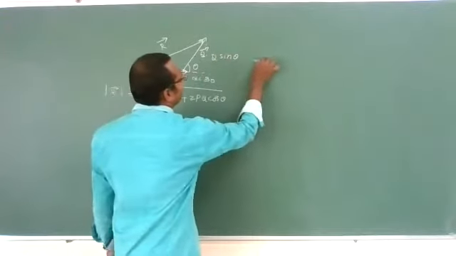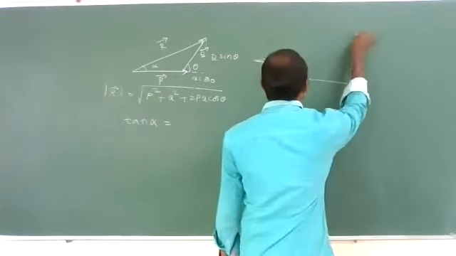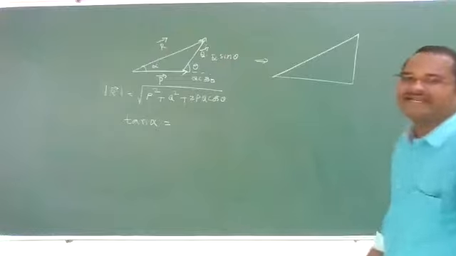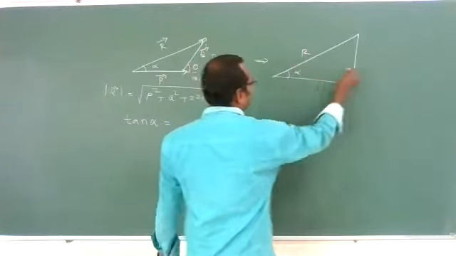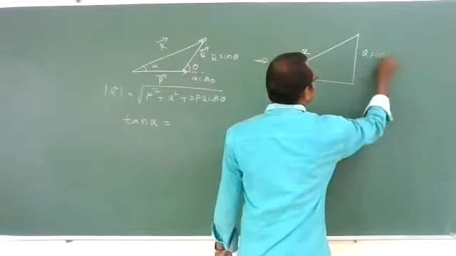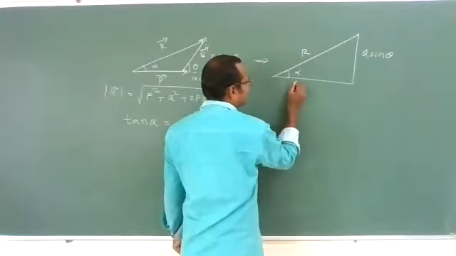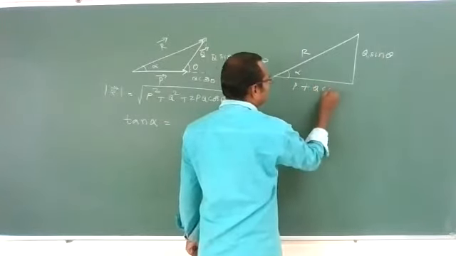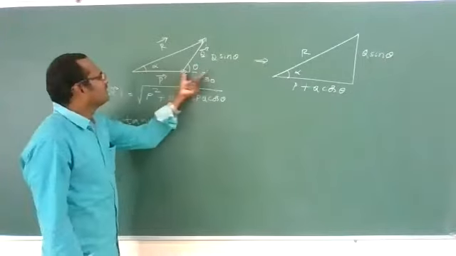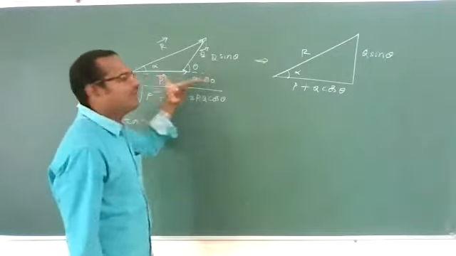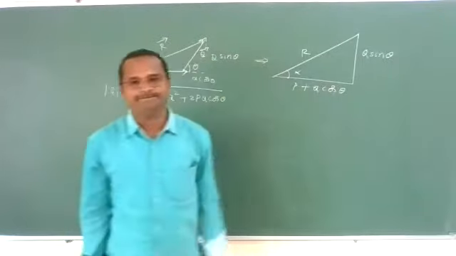Here we have a right angle triangle: this is r, this is alpha, this is q sin theta, and this is p plus q cos theta. Up to here is p, then q cos theta, totally p plus q cos theta.